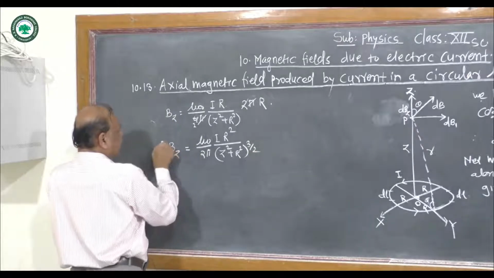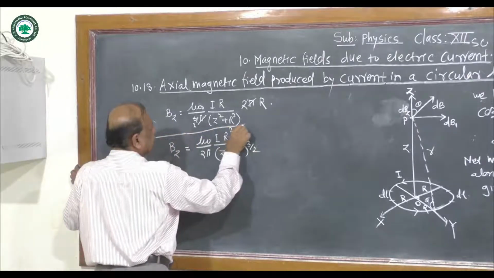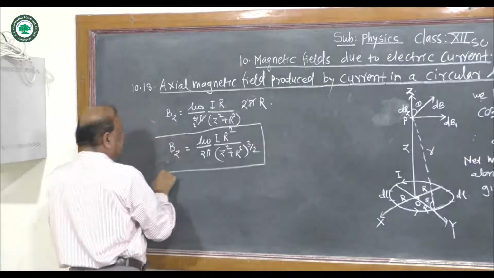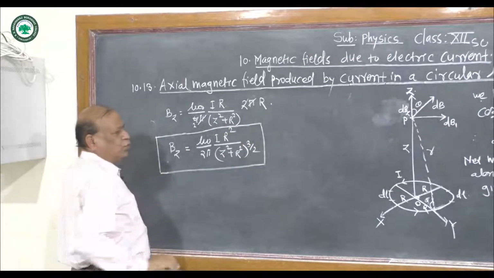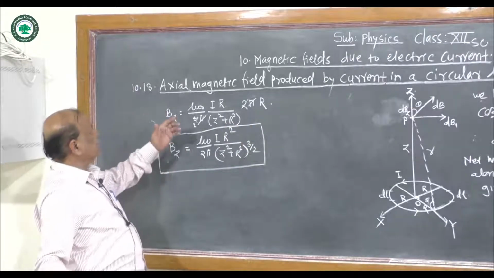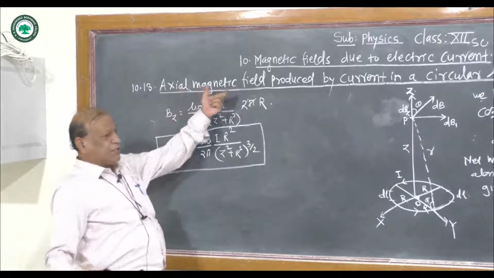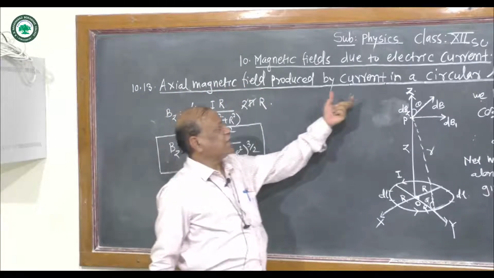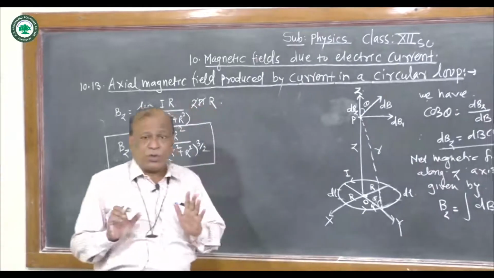This is the value of Bz, the axial magnetic field produced by the current in a circular loop.